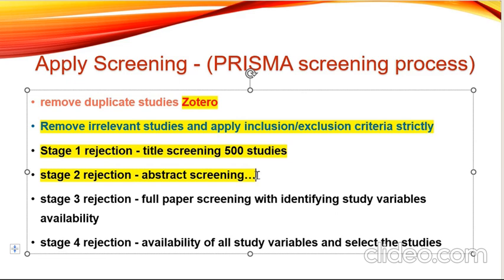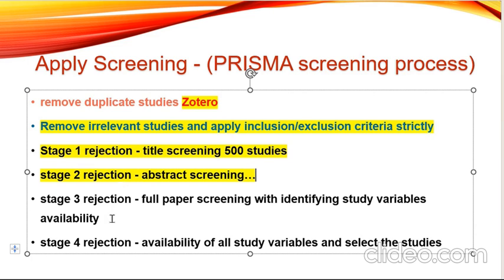Also, if you find the study variables in the abstract, you may select it. In some cases the abstract will not be clear, but the full paper will be clear, and we cannot decide whether it can be selected or not. In that case, you select the abstract in the selection criteria, and you may filter it in the full paper screening. Based on that, the abstract screening will be processed.